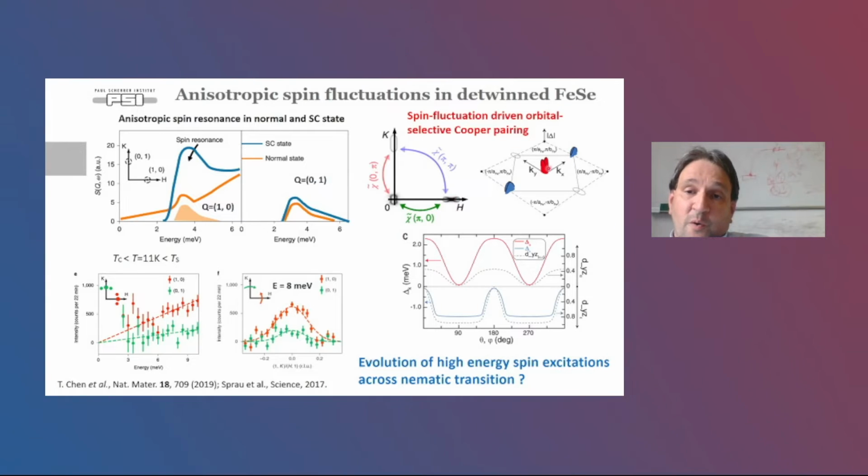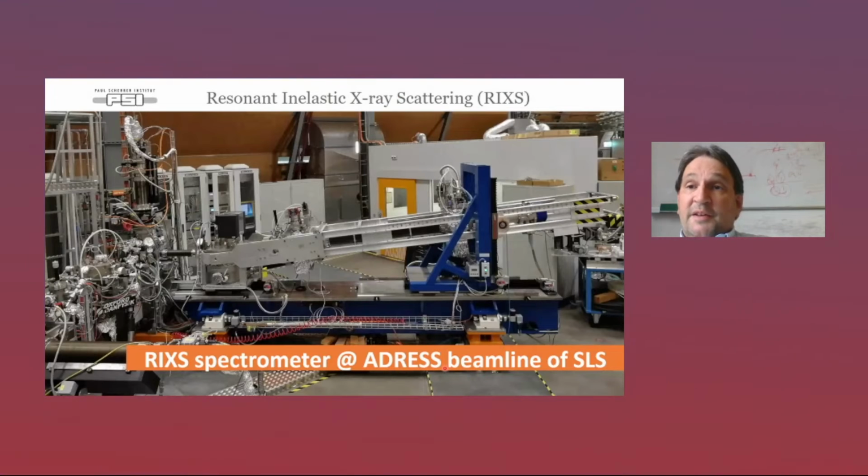So the open question, which is the main thing I'm tackling in this presentation, is the evolution not of the low energy spin excitations, but of the high energy spin excitations across the nematic transition. And it's of course very difficult to study high energy spin excitations in inelastic neutron scattering.